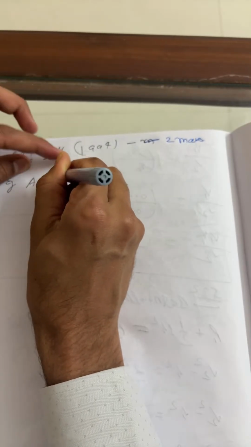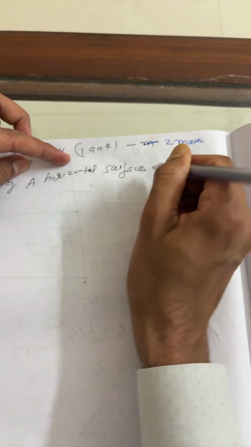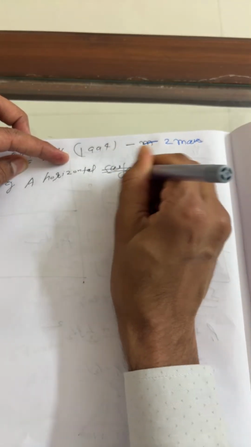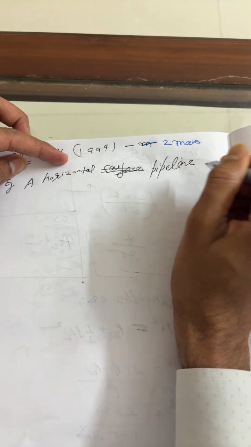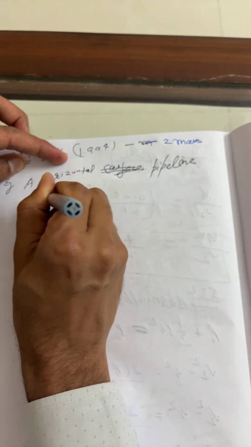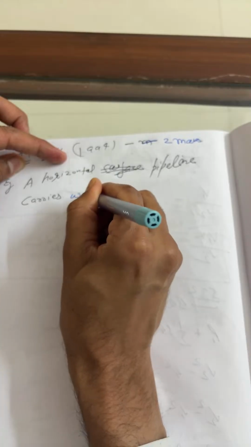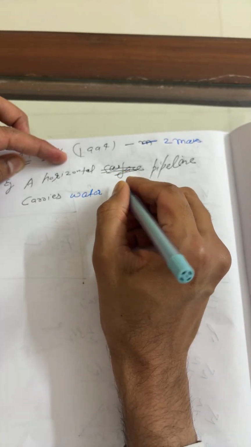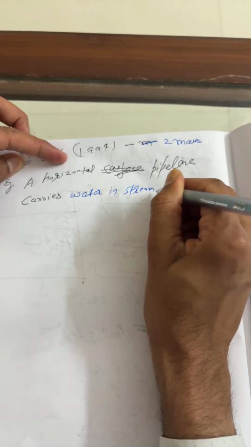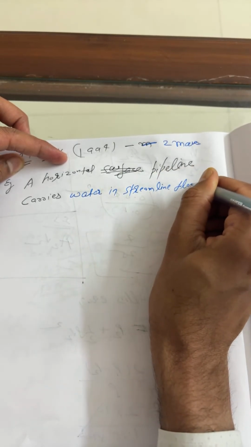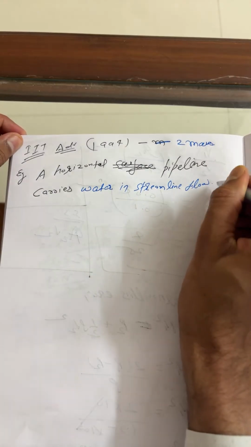A horizontal pipeline carries water in streamline flow, full stop.